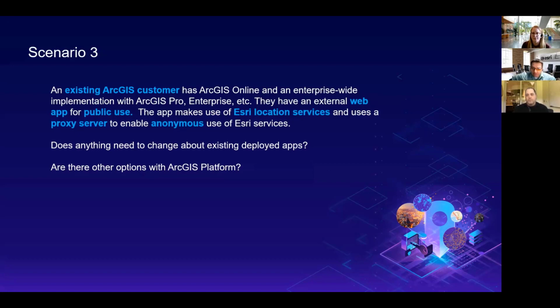So in this scenario, that customer can still use a proxy server to provide access to secure location services in a public app through anonymous access. They can also have the option of replacing that proxy server with what we showed earlier with our standardized API key. This is easier.